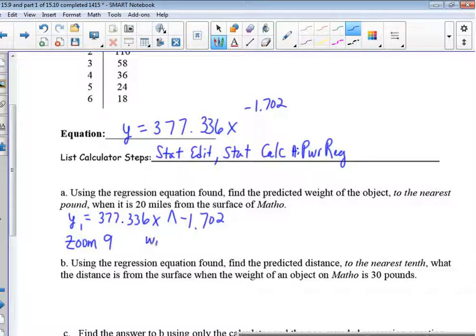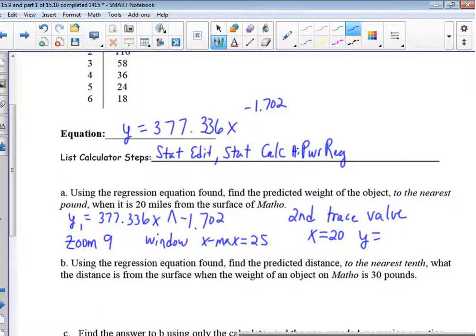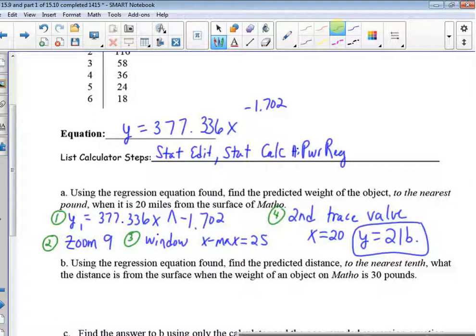Then I went to the window, then I changed the x max to 25, and then I did second trace value, and when it came up with x equals, I put in 20, and the value of y to the nearest pound was 2. So this was number 1, 2, 3, 4, and then I got my value.